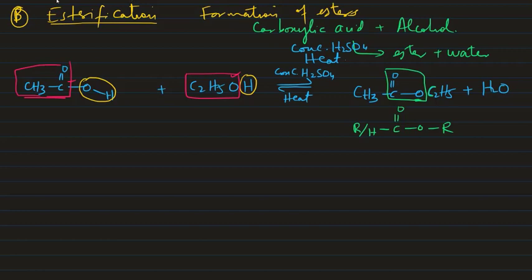Let's name this ester that we have just made. Remember, this ester is made from an alcohol part and a carboxylic acid part. The right side is the alcohol part. You will first name this one. It's C2H5. It's a 2 carbon alkyl group, and the 2 carbon alkyl group is called ethyl.